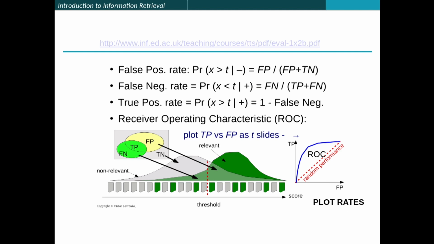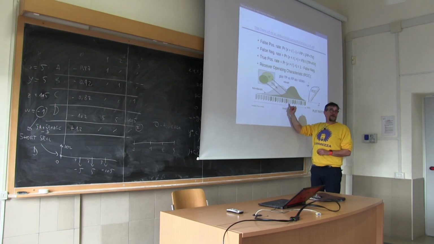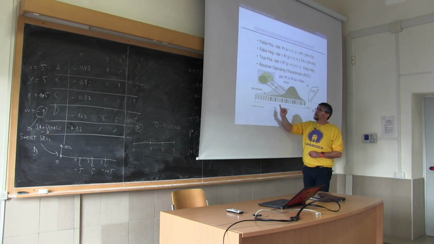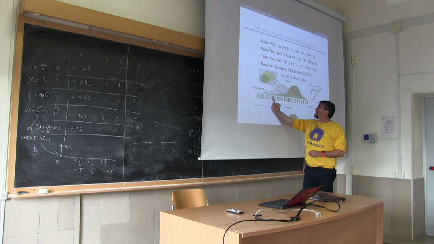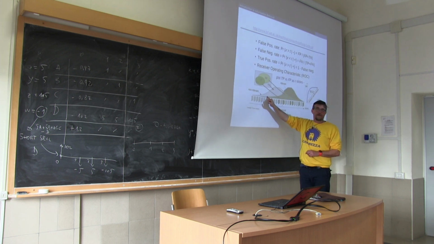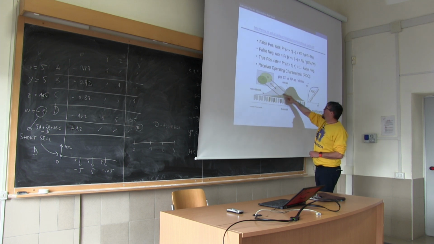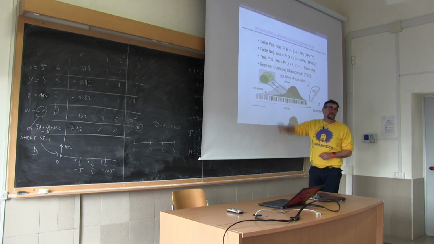What is the false positive rate? It is the false positives over the false positives and true negatives at a given threshold. Clearly, this number will change. Okay? So, you see here, there is this contribution. Here, there are those two contributions, and so on and so forth. So, I will get a curve like this.